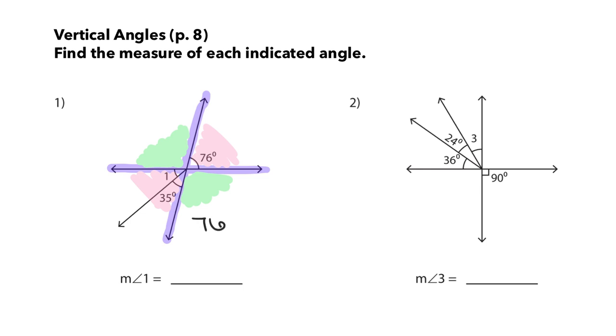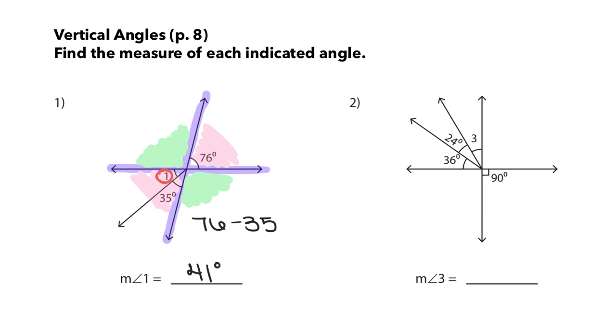So my full one minus the piece that I know. And what do you get? 41 degrees. Very good. We're just finding the piece we've been asked to find. We were trying to find this angle in red.